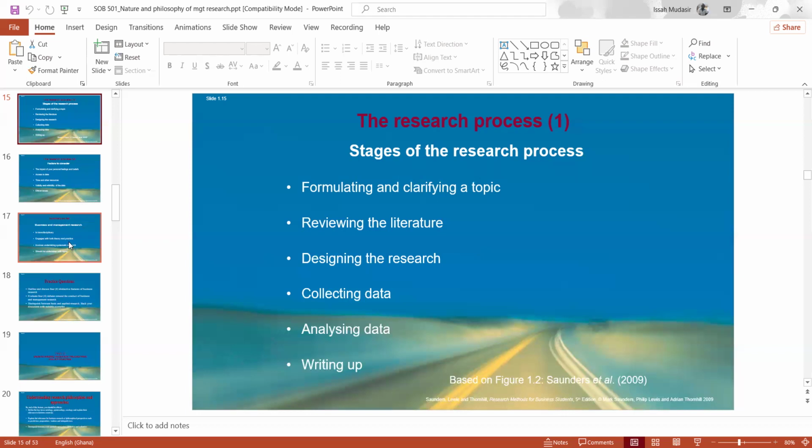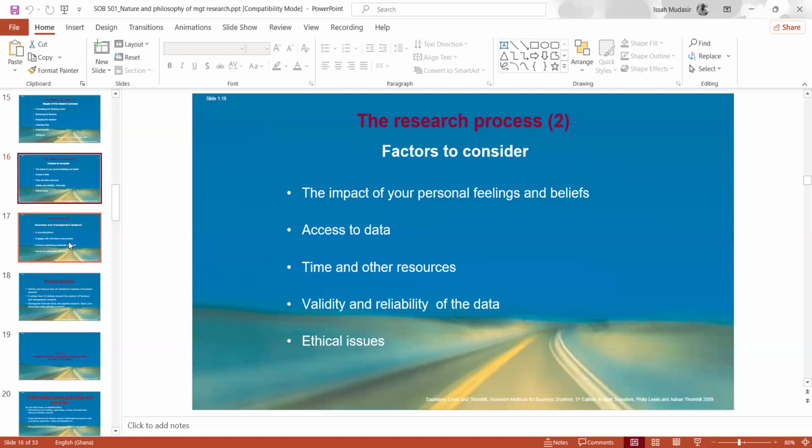Yes, so after conducting the literature review, there are certain cases where you started with the topic first before doing your review. Then you realize that what you were doing, somebody has done it already. If you have nothing to add to what they have done, you are better off abandoning it, changing course.